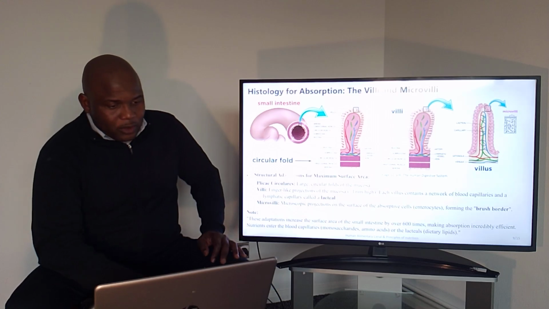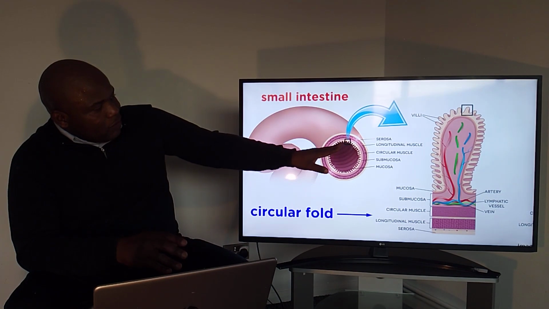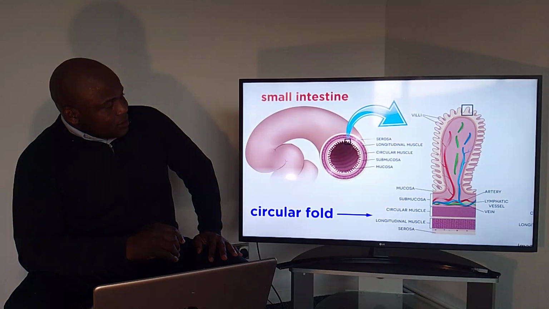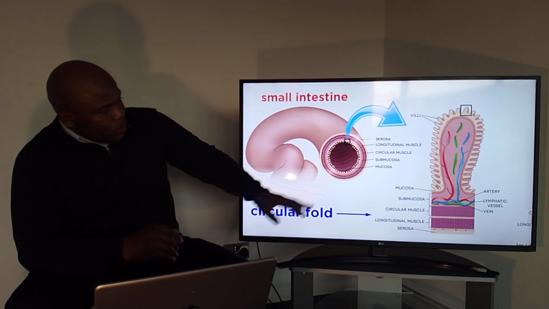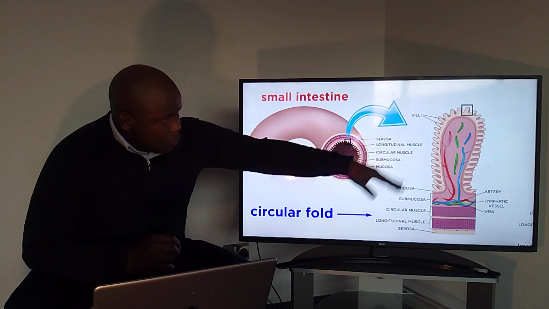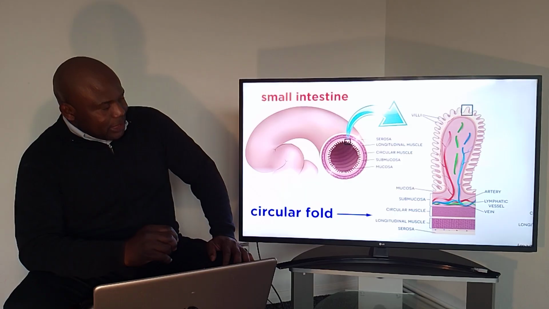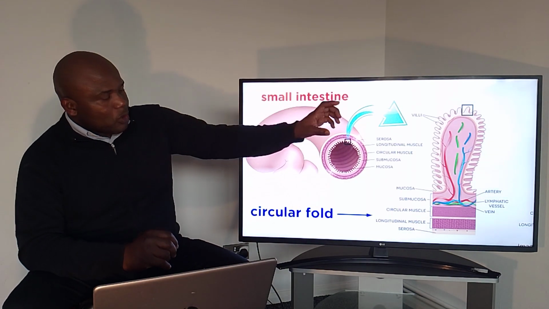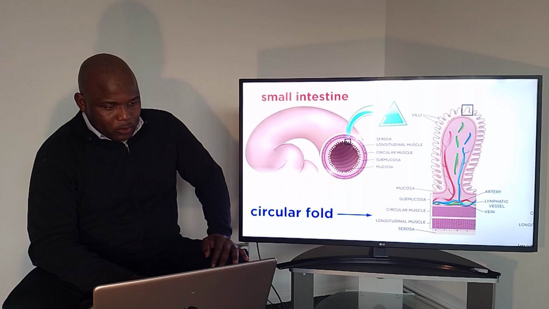As we zoom in onto how it is structured, from the circular part of the small intestine within the mucosa area, before the submucosa, we have the villi, the small dots that are there. And within the villi, we also have the microvilli.